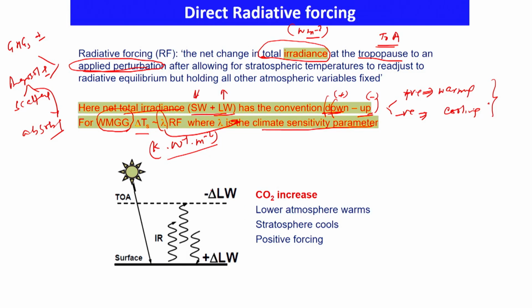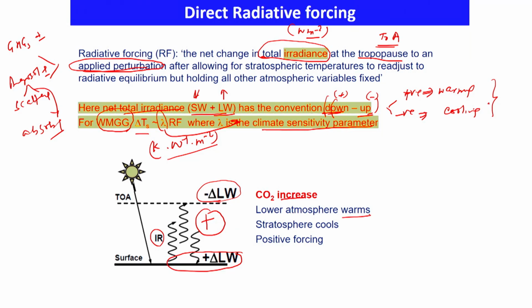This is what you see here at the top of the atmosphere. You have radiation reaching here, and you assume there is nothing in between absorbing or scattering. Earth is emitting IR radiation. Some of this is lost and some is added in the system. If you increase the CO2, what will happen?